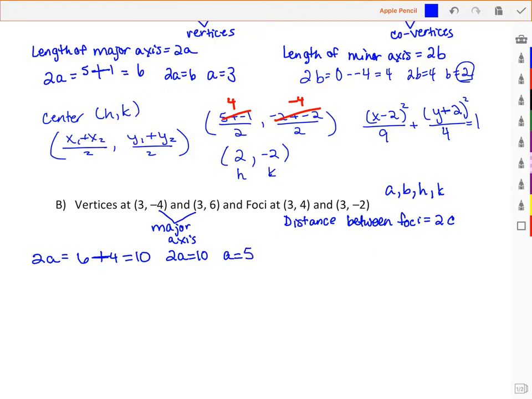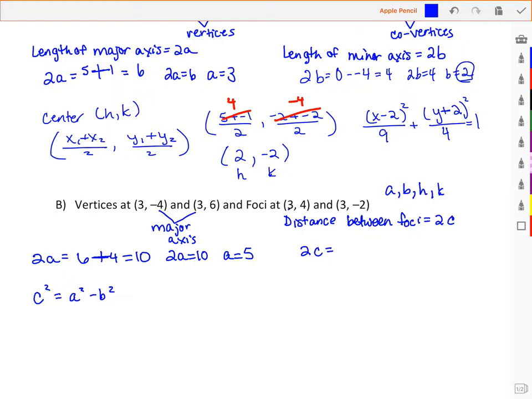All right, so what we're going to have to do is use c in order to get b, because we already got a. If you'll notice on the front, on those formulas, the a-b-c relationship is c squared equals a squared minus b squared. So we're going to use that, but in order to use that, we need to get c. Over here, 2c is the distance between the foci.